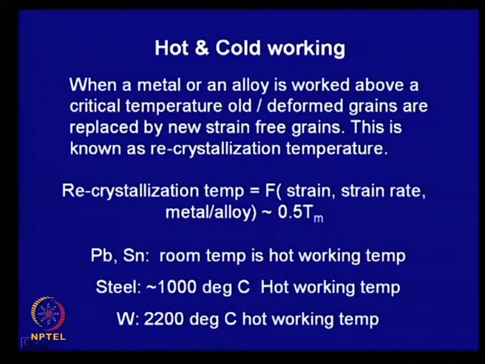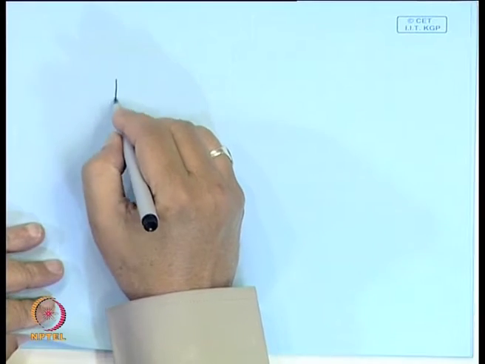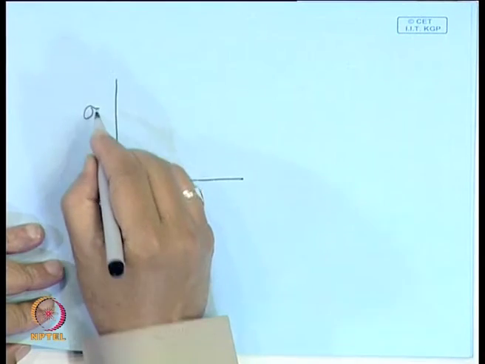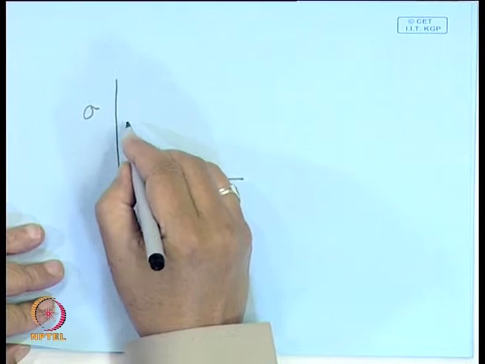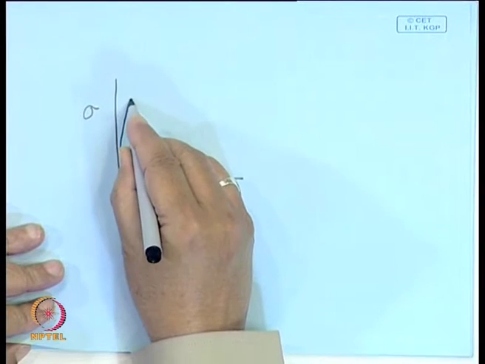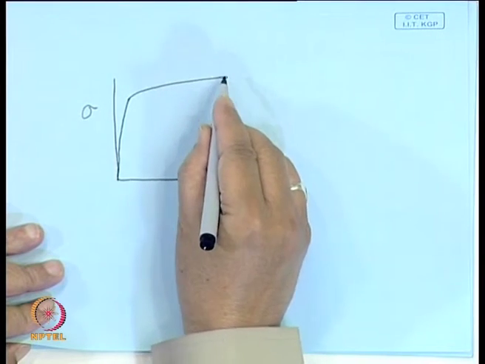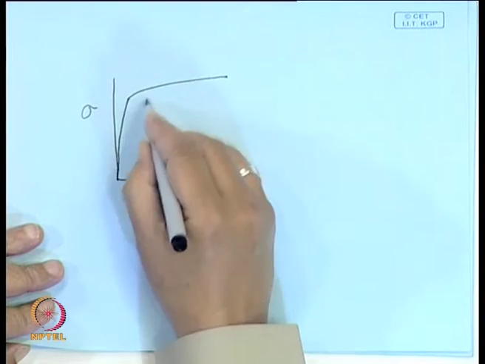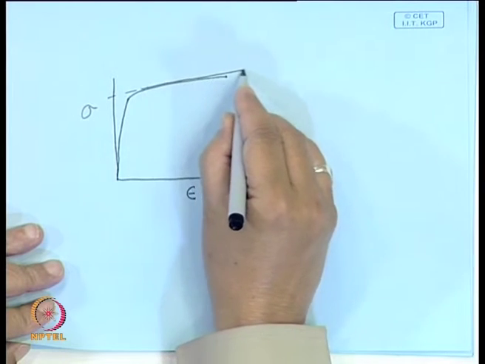In the stress strain plot at room temperature, something like this. As you increase the temperature, here still there is some amount of strain hardening.